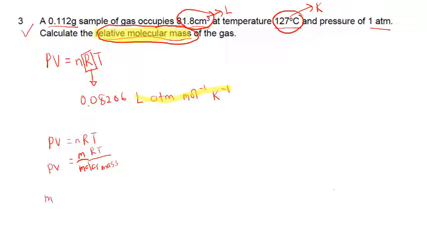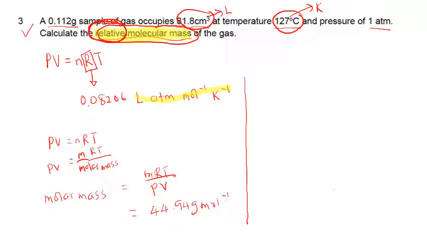After we rearrange, we will notice that molar mass is equal to mRT over PV. When we substitute all the values according to the correct units, we will get the molar mass as 44.94 gram per mole. However, the question asks us to calculate the relative molecular mass, which means it supposedly has no unit.